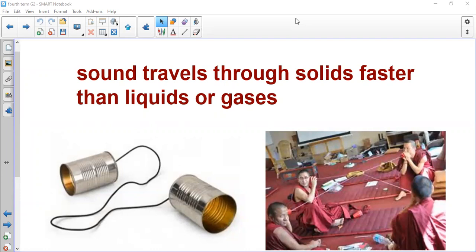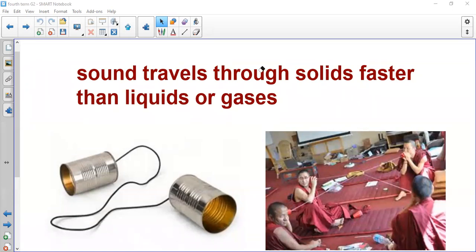Sound travels through solids faster than liquids and gases.